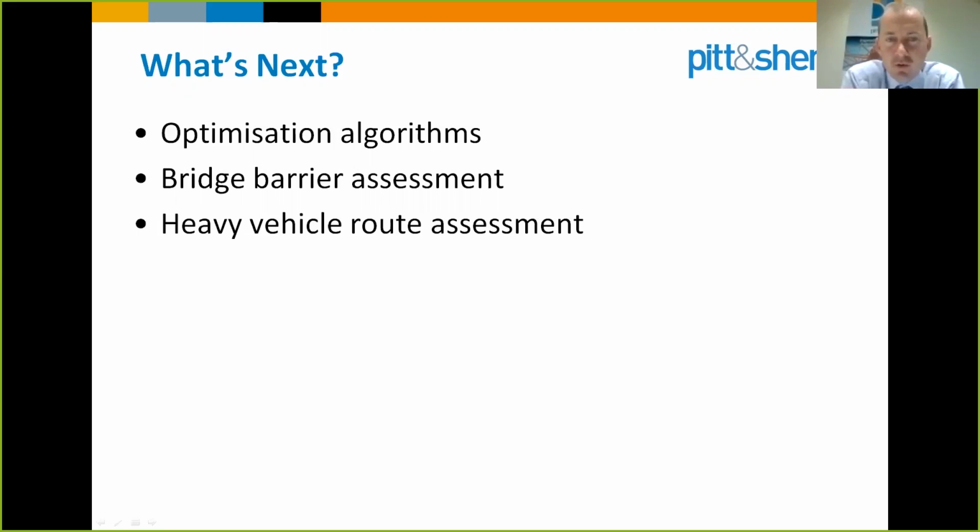The other one that I've listed there was optimization algorithms. We've come up with a way of looking at what the future condition of assets are like. The next thing we'd like to do is marry that with what we've done in the area of risk assessment. We have a risk scoring procedure that we've had for 10 to 15 years. But we're looking at combining the risk scoring with the predictive modelling to help asset owners choose what works they might do and the benefit of them from a risk point of view as well as a monetary point of view.